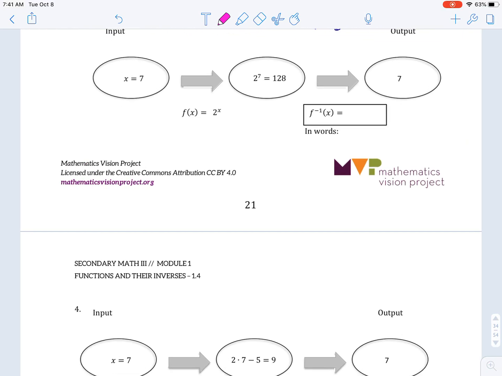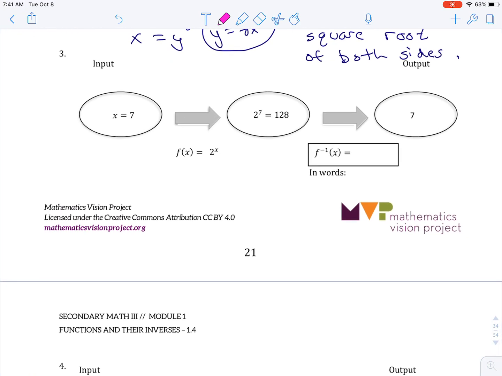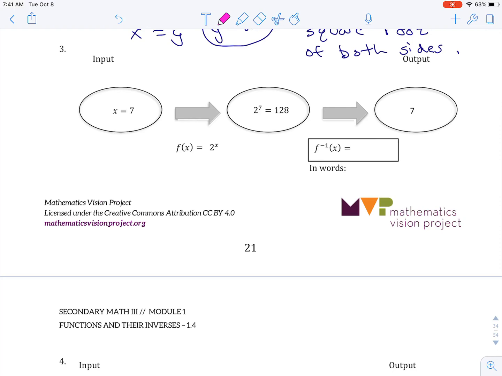Number 3. Okay, so for number 3, I've probably already paused the videos and told you a little bit about basic logarithms. But here, what we're going to do is we're going to have the inverse function of 2 to the x is equal to logarithm base 2 of x.